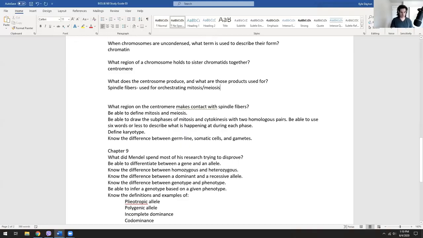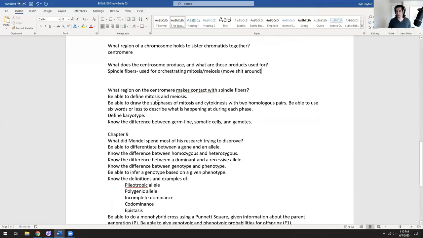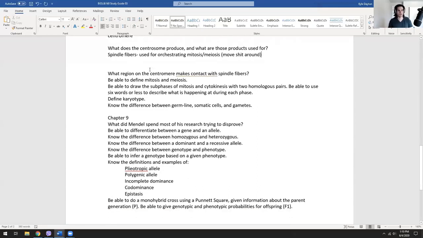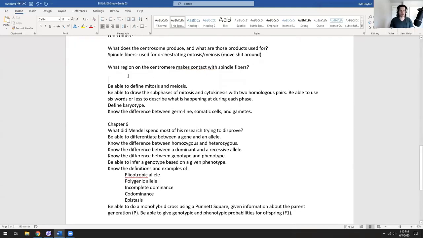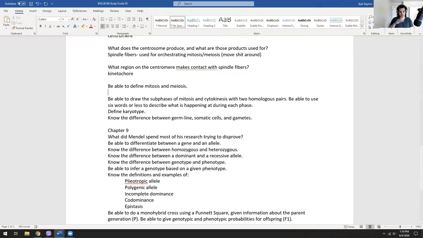So they're going to move stuff around. They're the wires that kind of just move stuff around. What region of the centromere makes contact with spindle fibers? That's probably not going to be on the final, but it's the kinetochore.